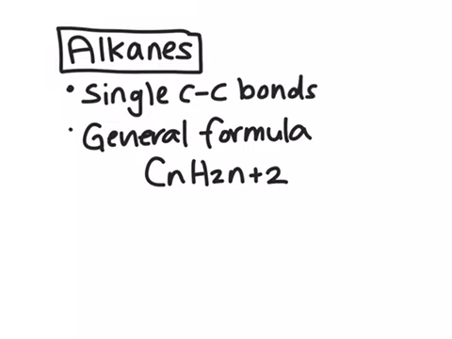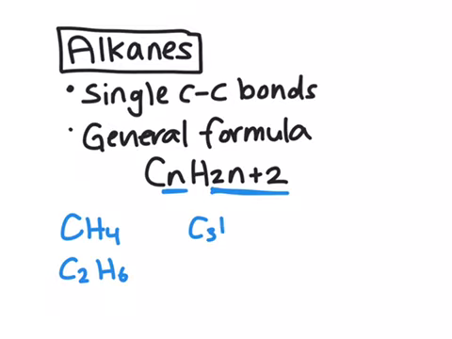What that means is that for every carbon atom, we will have 2 times that amount plus 2 hydrogens. So CH4, C2H6, C3H8, C100H202. So all of the formulas for alkanes will follow this general pattern.